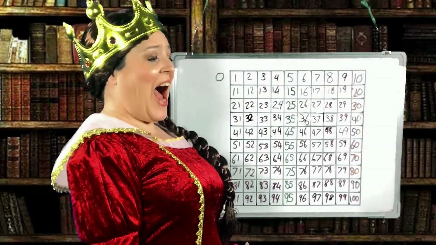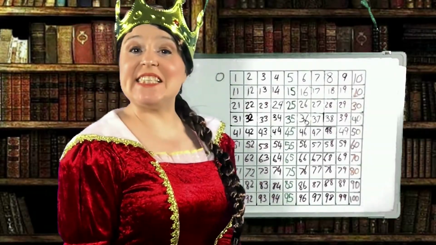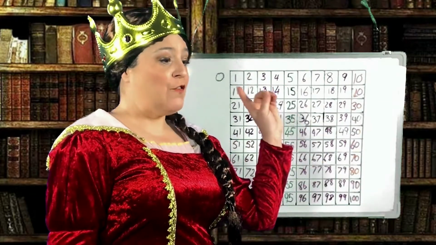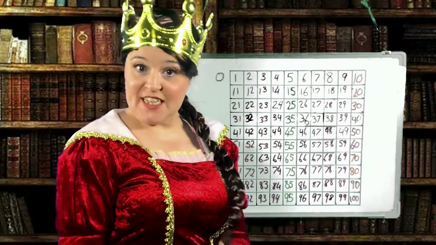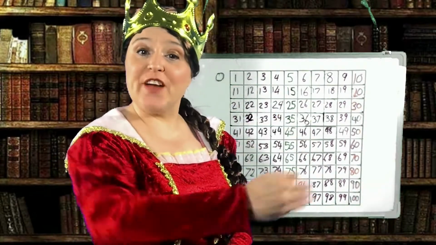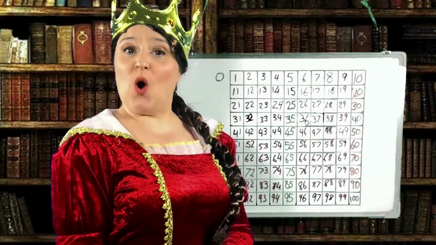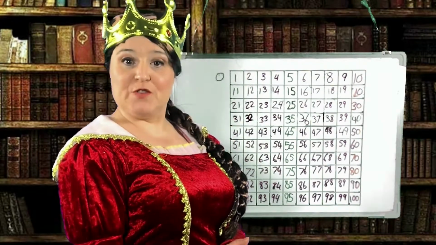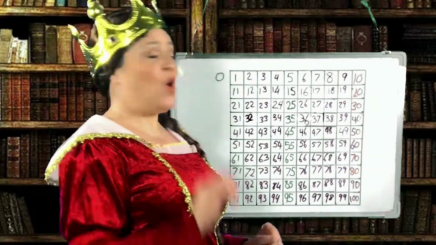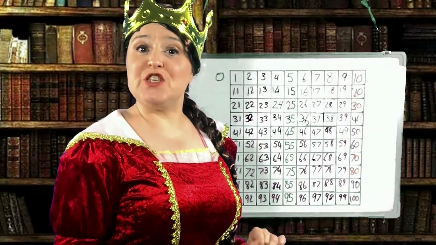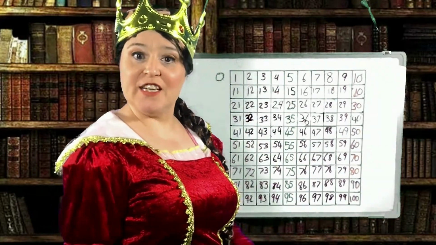We know how to count in steps of 2 from 0. When we count in 2s from 0, every number that we land on is called a multiple of 2. Starting from 0, we are going to count in multiples of 2 until 30.